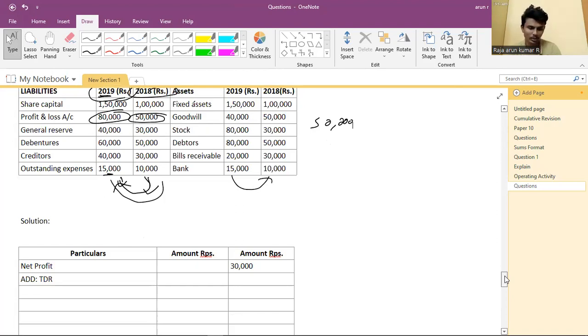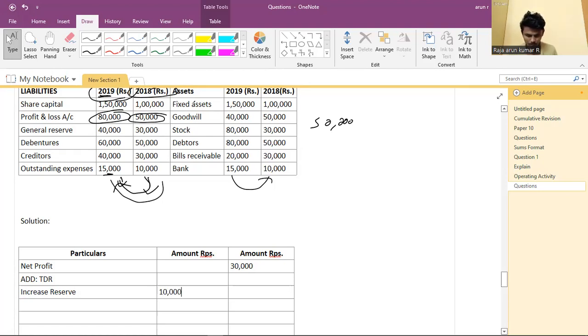Okay, next step, TDR. TDR means tax, dividend and reserves. The opening is 30,000, closing is 40,000. An increase in reserves means we add it: 10,000.